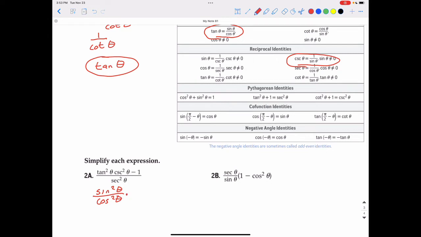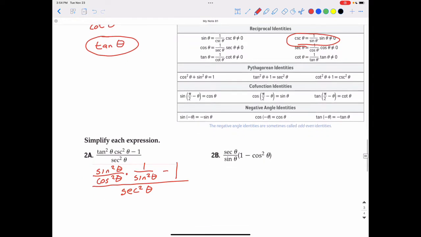So now that's going to be 1 over cosecant squared theta, sine squared theta. Now notice I didn't square the 1 because what's 1 squared? Still 1. And then minus 1 all over, and then it is secant squared theta at the bottom. Probably going to have to do something with that here in a second.